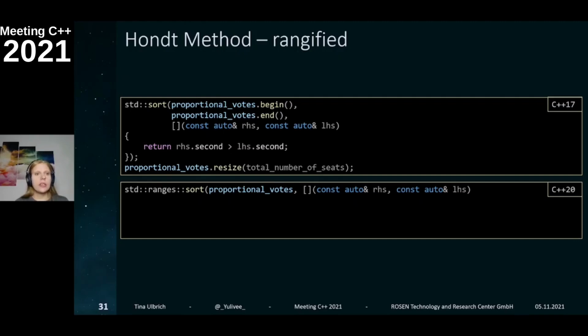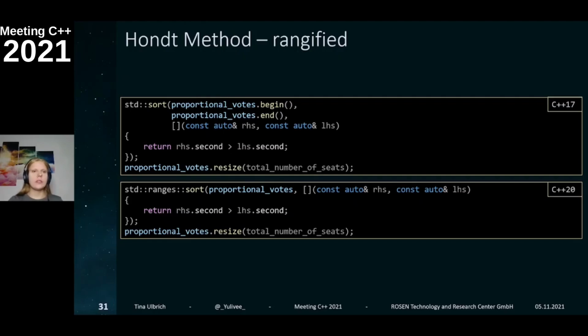I actually think this may not look like a big change, but it limits the noise. I think it looks better. And for now, I have the same lambda, and I will cut the vector down to the number of seats.